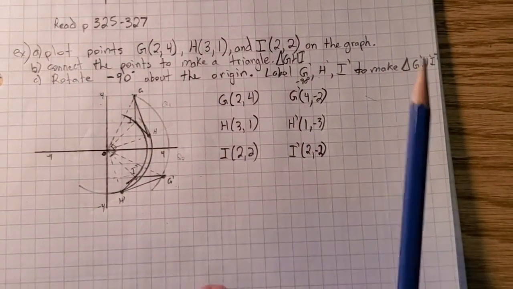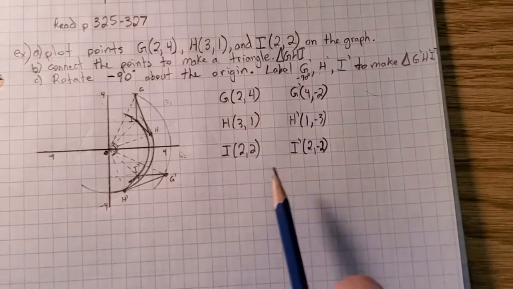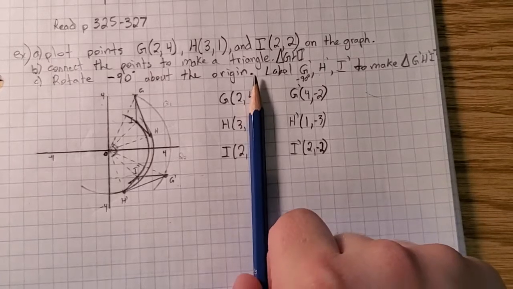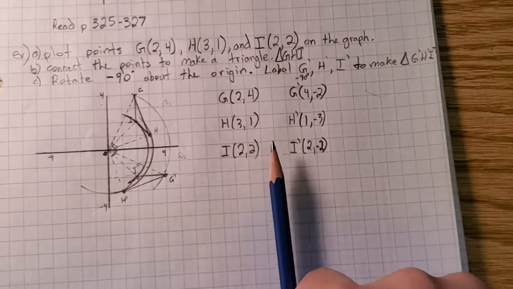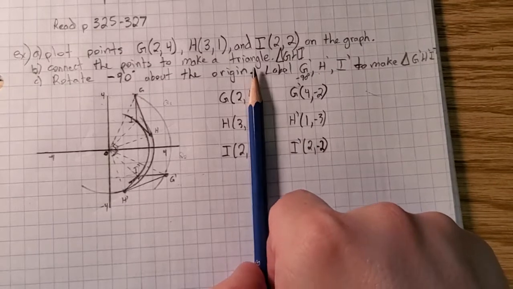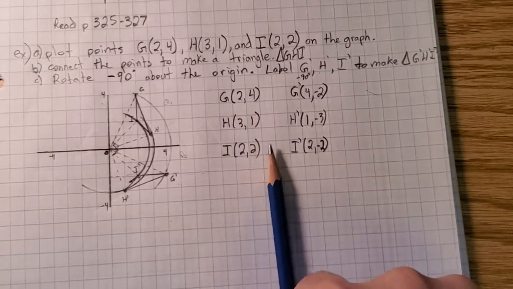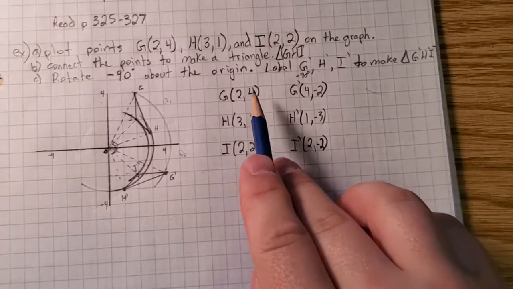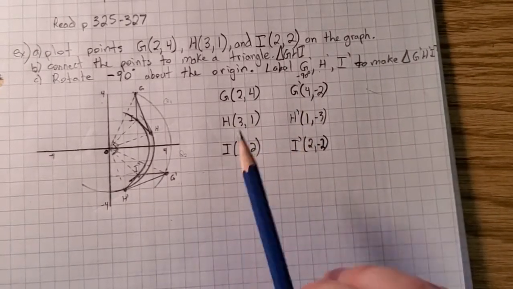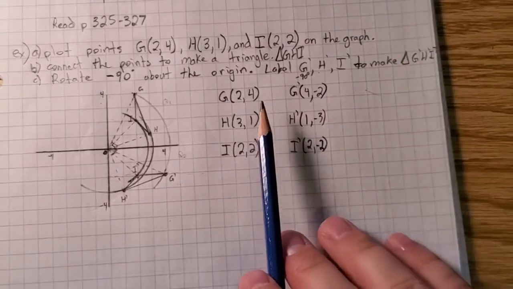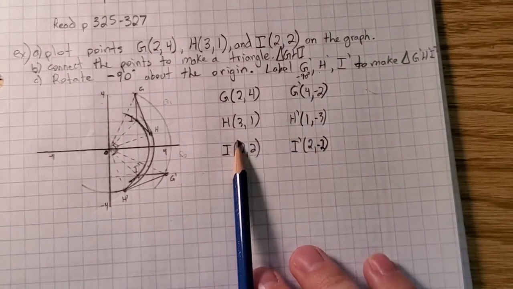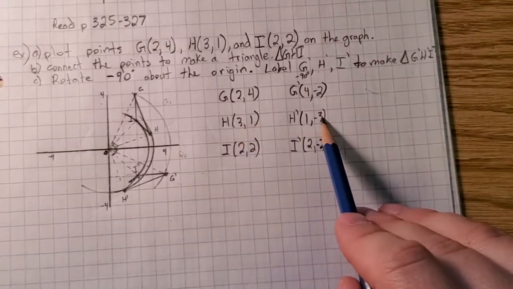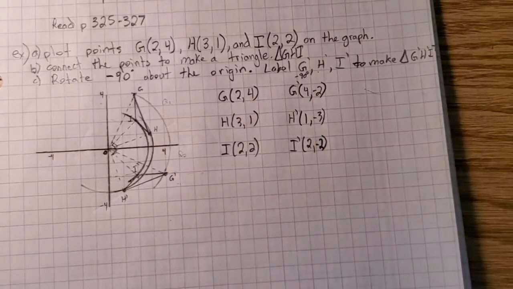I want to point out another thing here. When you rotate 90 degrees positive or negative, either your X or your Y coordinates will become the other coordinates. So notice that the Y coordinates here, 4, 1, and 2, became the 4, 1, and 2 in the X. So the Y's became the X. And the X's became the Y's, but just flipped their sign. 2 became -2, 3 became -3, and 2 became -2.